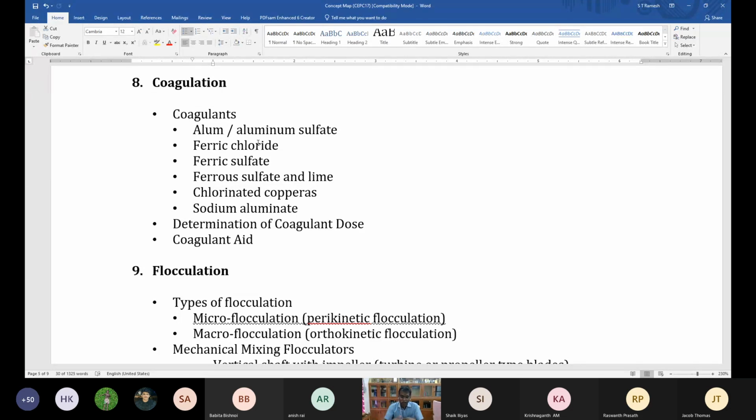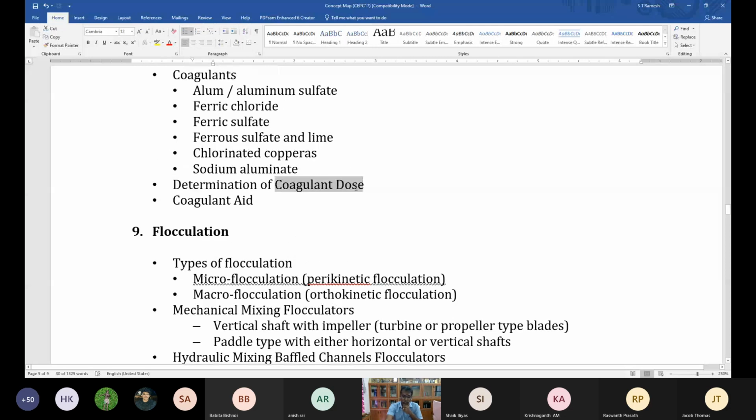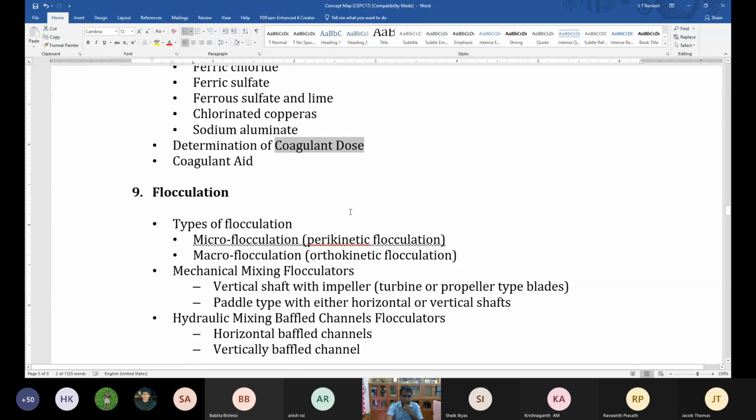Because of this collision, the size of the particles becomes bigger, which can subsequently be removed in the sedimentation or settling process. These are the different coagulants added to water: alum, ferric chloride, ferric sulfate, chlorinated copperas, and sodium aluminate. How to determine the optimum coagulant dose based on your water quality, that determination we will also discuss in detail.